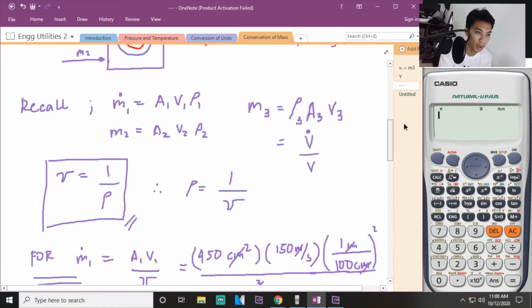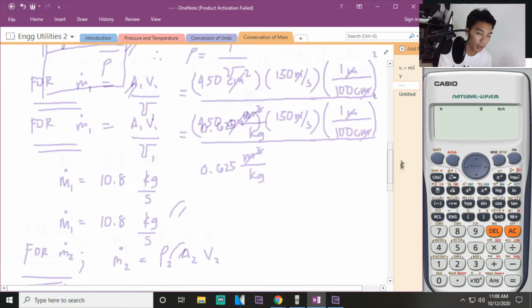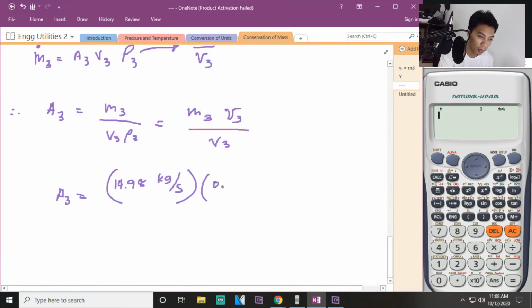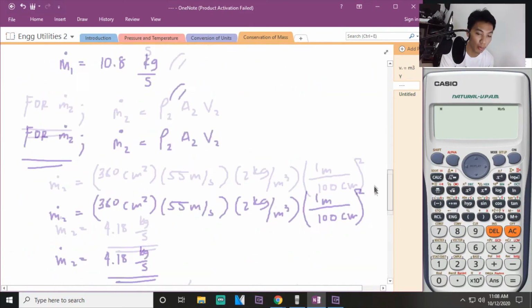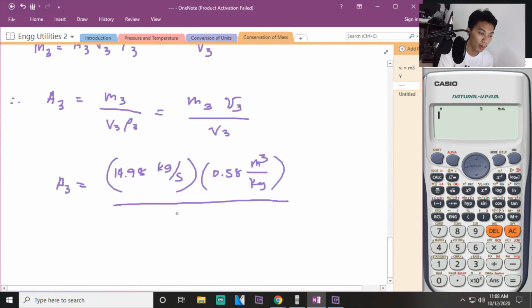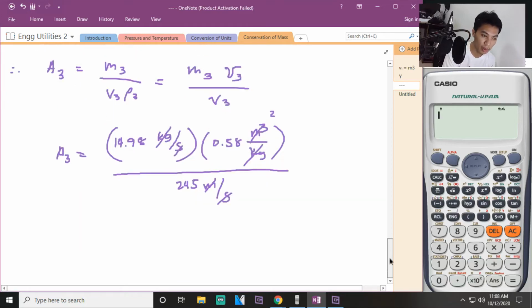Specific volume is 0.58 meter cube per kilogram divided by V3, velocity 3, 245 meter per second. Tignan niyo yung mga units. Ano makakancel? Cancel si kilogram, cancel kilogram, isang M, matitira ng dalawa. Meter, seconds, and seconds. Ang matitira is meter squared.